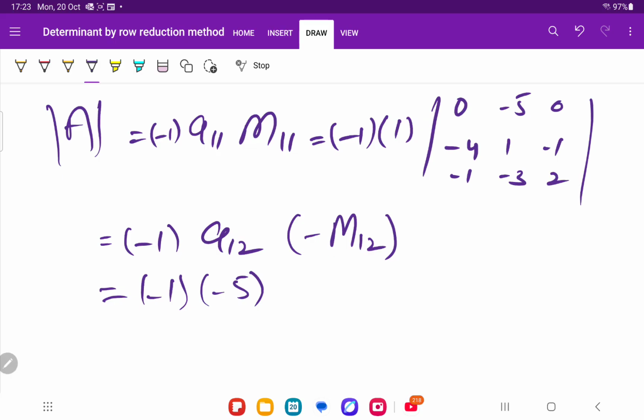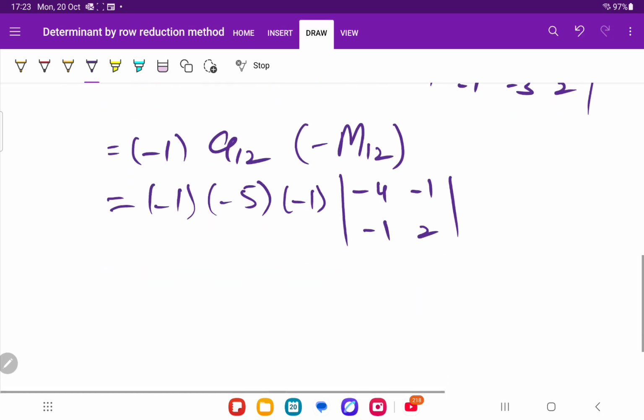And M12 should be, exclude row 1 and column 2, because it's a minor. You have to exclude row 1 and column 2: minus 4, minus 1, minus 1 and 2.